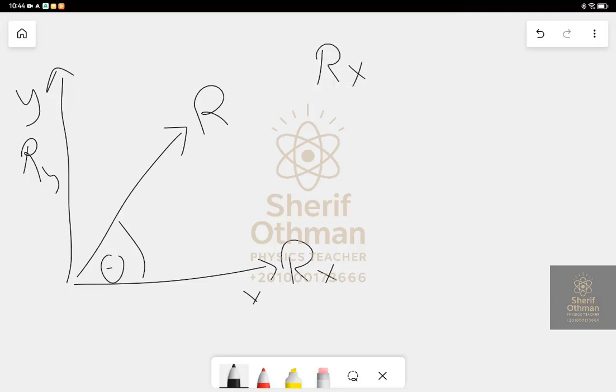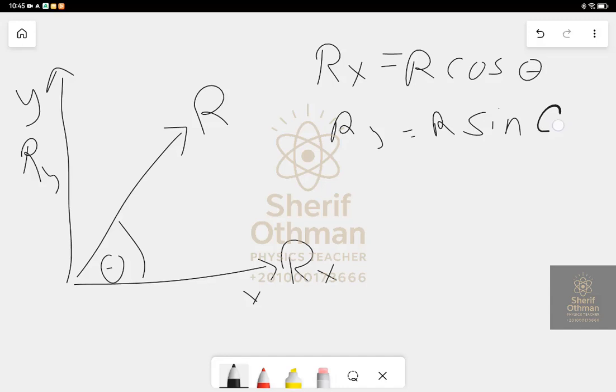Rx, which is the component of R in the X direction, will be R cosine theta, while Ry will be R sine theta. So guys, Rx is R cosine theta and Ry is R sine theta.